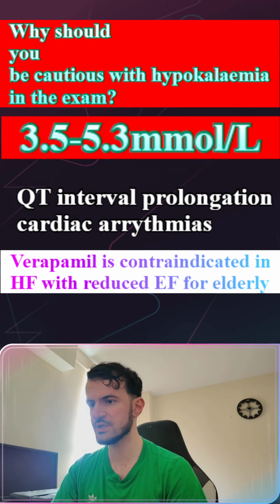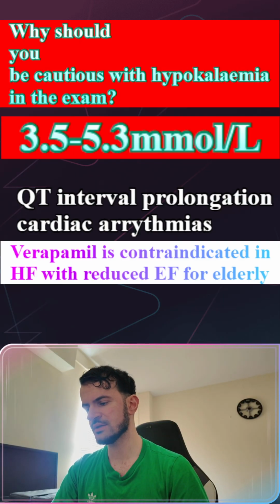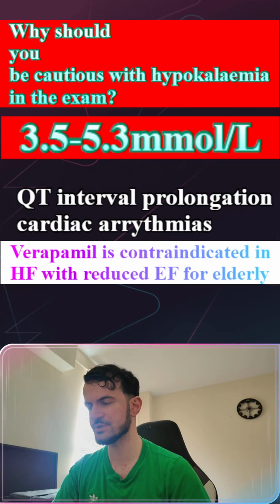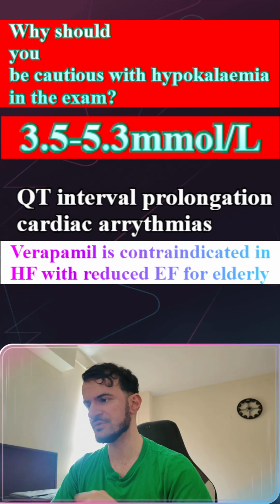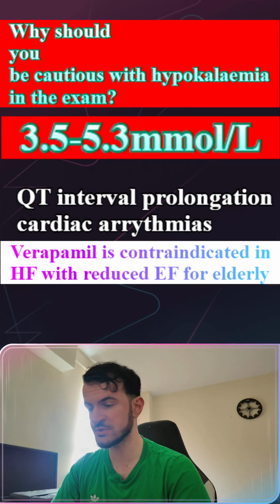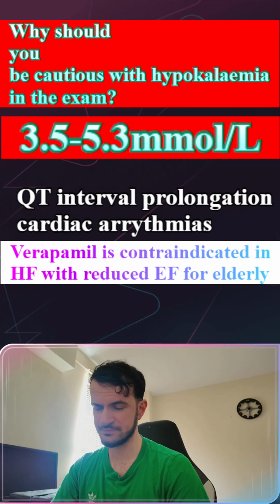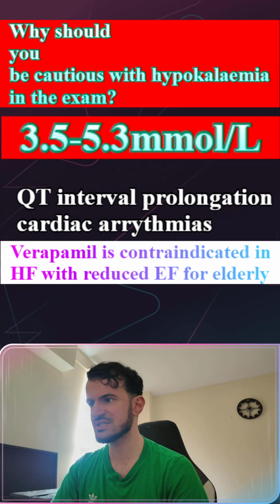So sotalol is an example of a beta blocker that can cause QT interval prolongation, and for that fact, this is why it's used as rhythm control. And sotalol is one of the only beta blockers that has major rhythm control activity, and that's why it also increases QT interval prolongation.